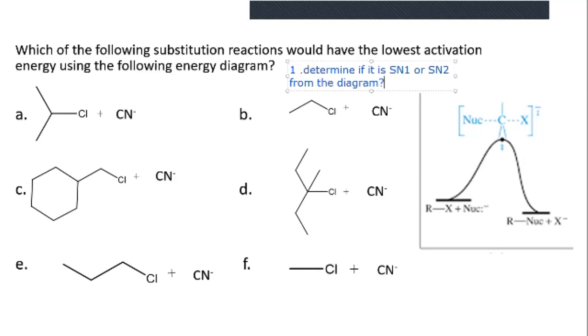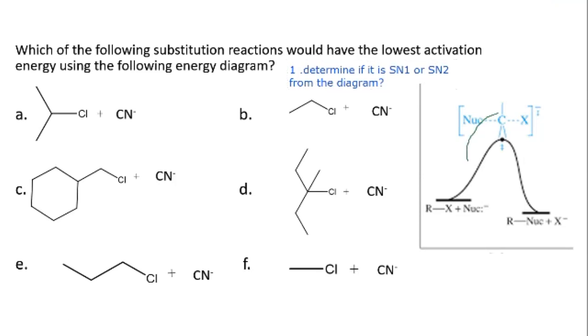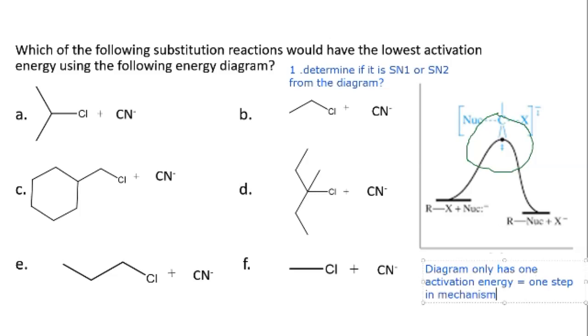From the diagram, we see that there is only one activation energy, which means there's only one step in this mechanism. Since there's only one step, this means it's an SN2 reaction. So again, for SN2, we want the least substituted alkyl halides.